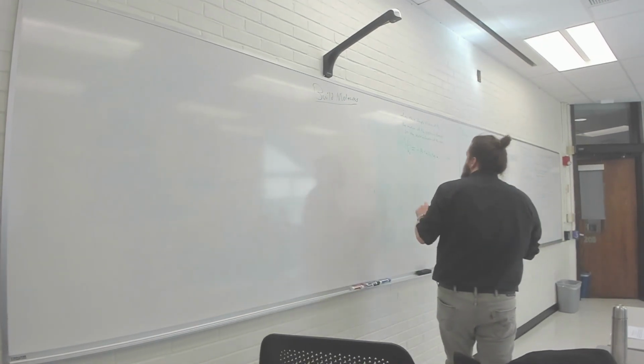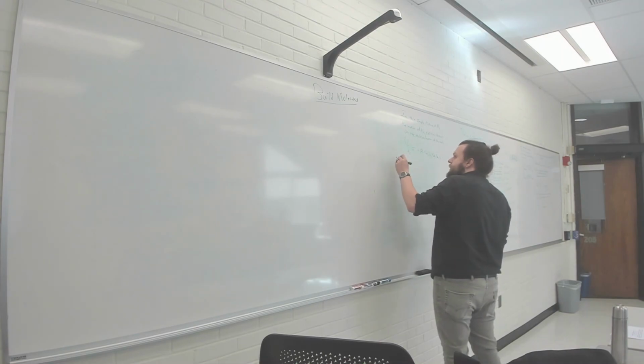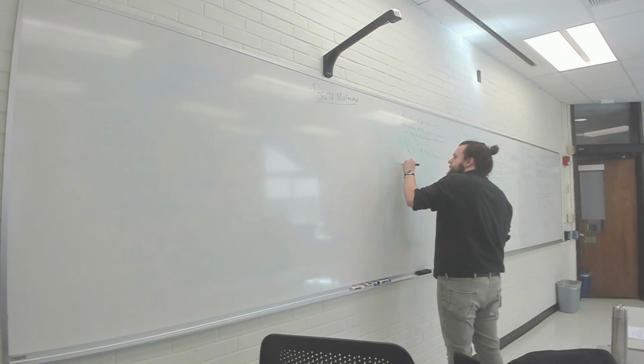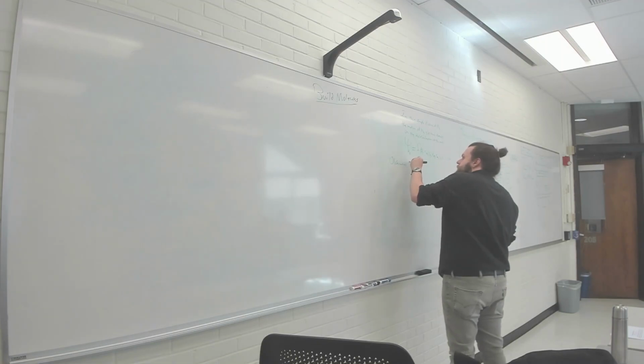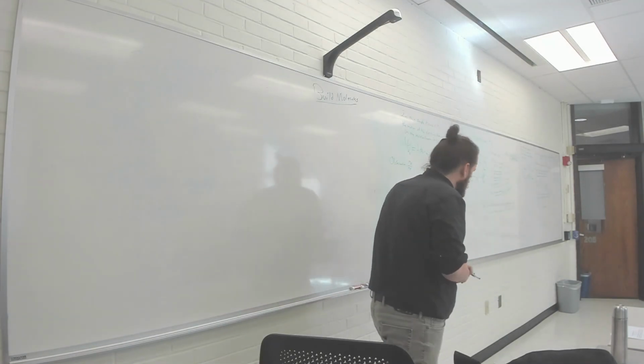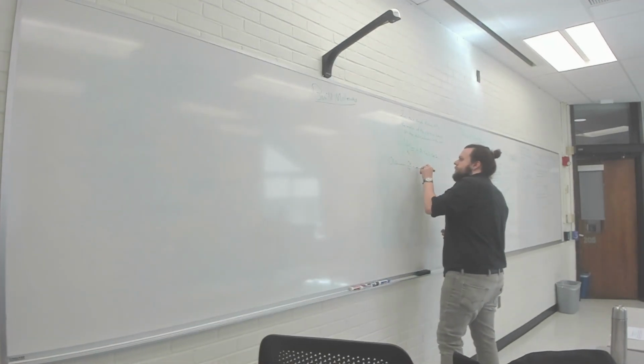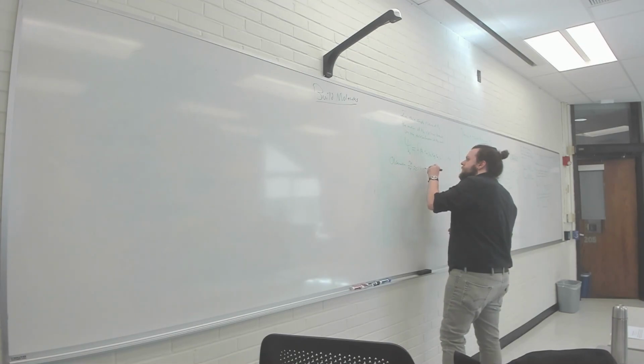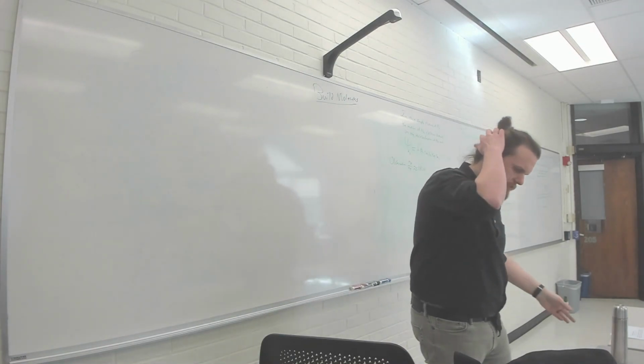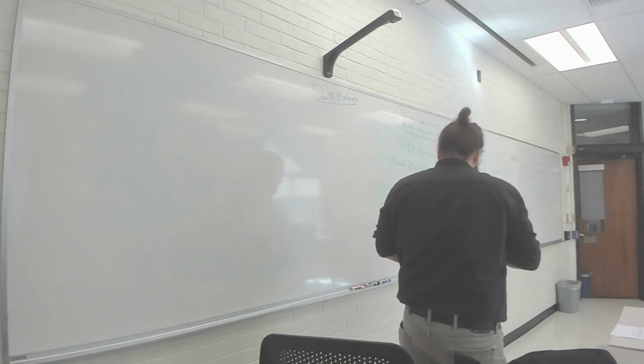So what we're going to assume now is, here's the observation I want to make: the mass of the proton divided by the mass of the electron is around 1800. So the electron is about 2,000 times lighter than the proton.